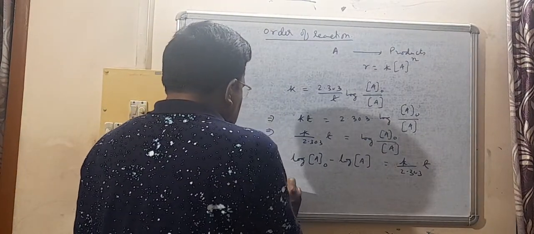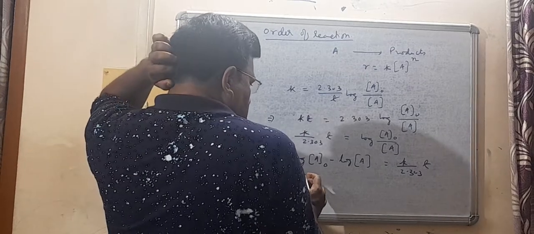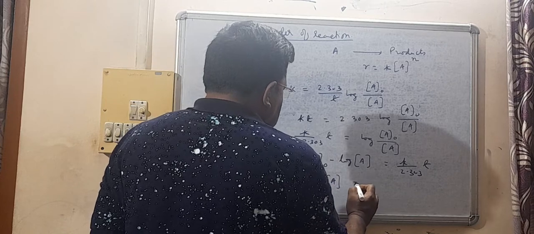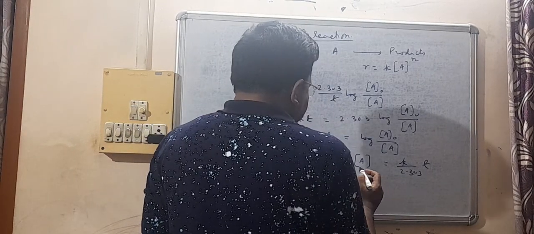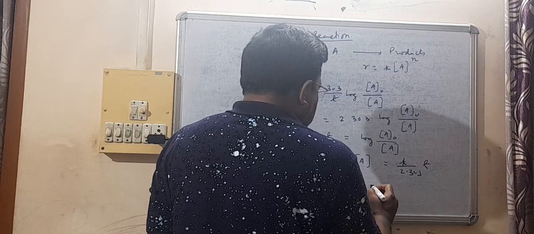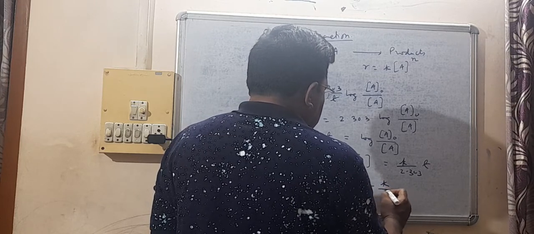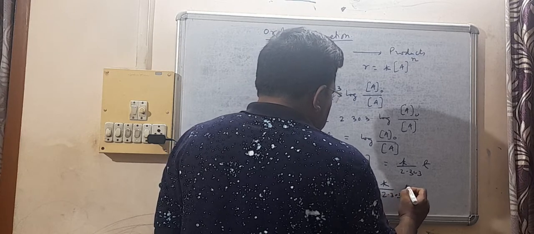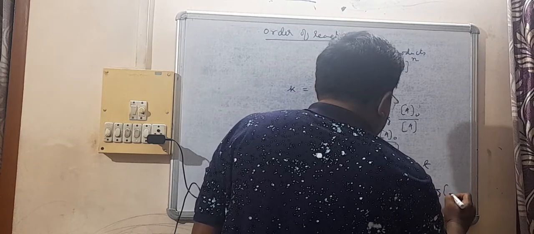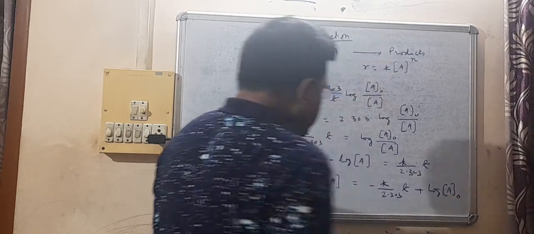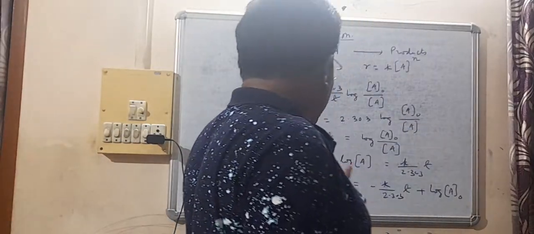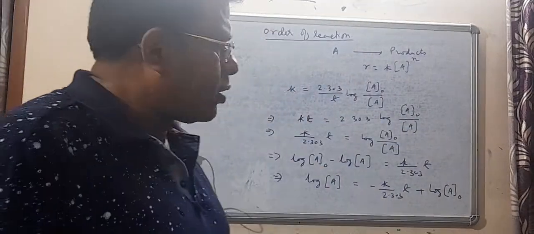And from here we get log A is equal to minus k/2.303 t plus log A naught. So this is the form that we are getting. This is for first order kinetics.